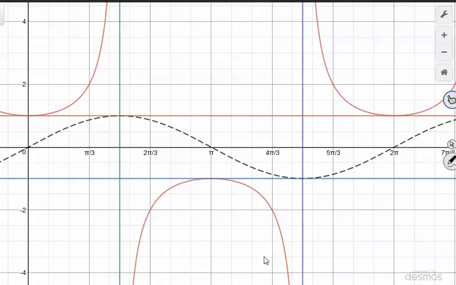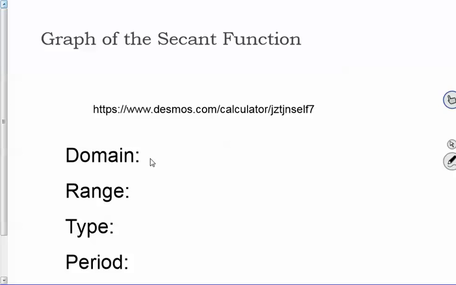So let's see if we can polish this up. The domain of the secant function, if you really want to be true about it, is all reals except odd multiples of pi over 2.